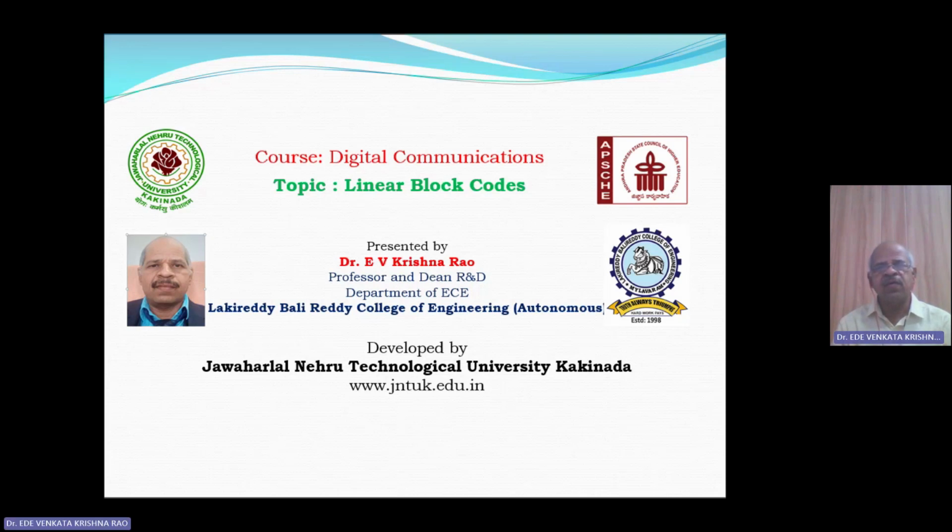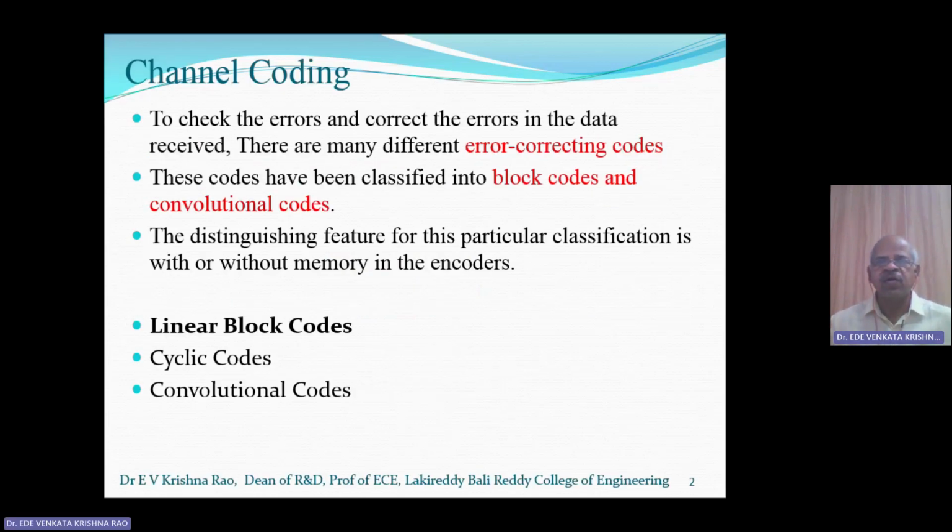We know very well that earlier we discussed source coding. Now this is channel coding, under which, whenever digital data is transmitted through a channel, the transmitter transmits and the receiver receives the data. We can check whether the data is received correctly or not.